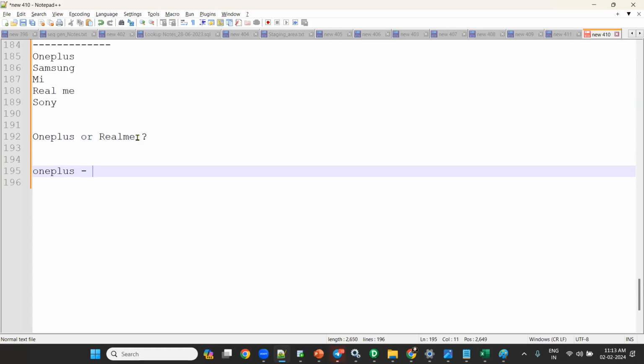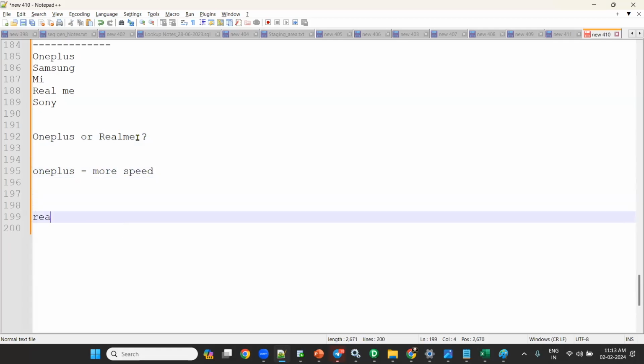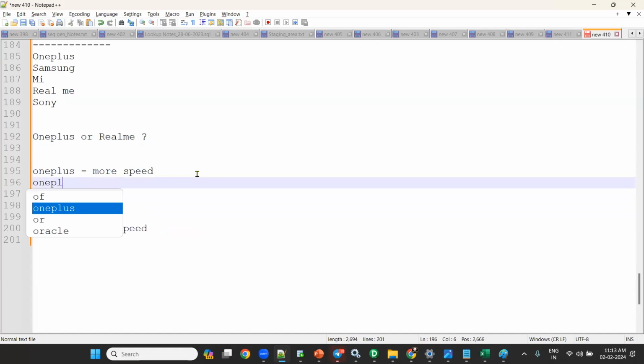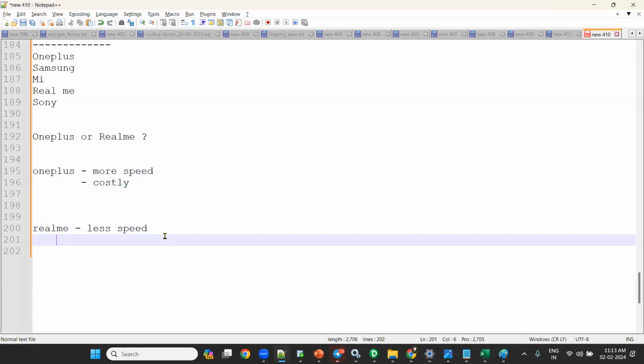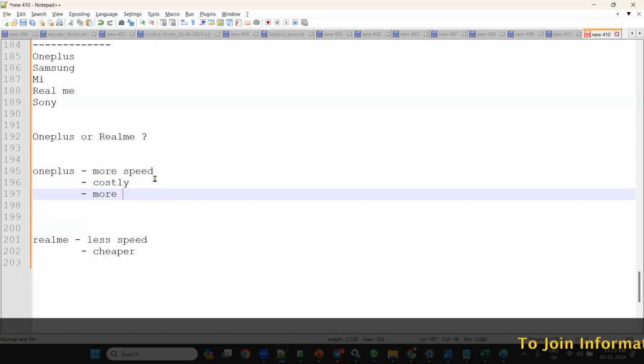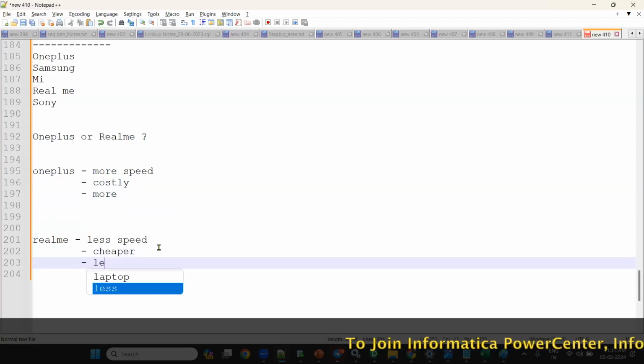OnePlus has more speed; maybe Realme has less speed. OnePlus is costly, but Realme is cheaper, so I'll go for Realme because it is cheaper. OnePlus has more features, but I don't want more features; the same features are here, maybe fewer.